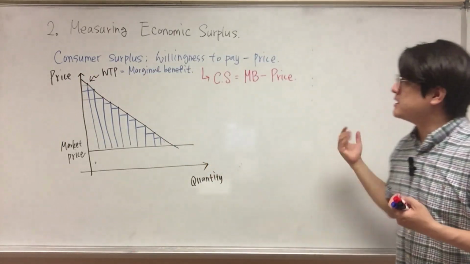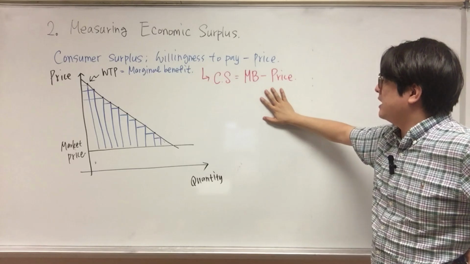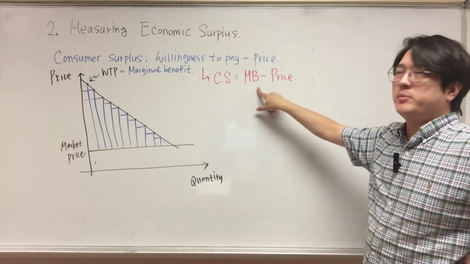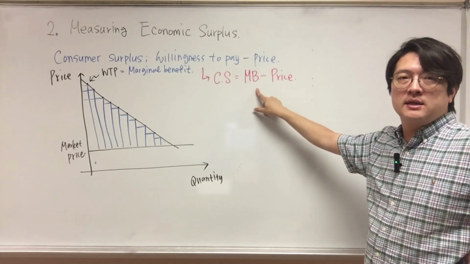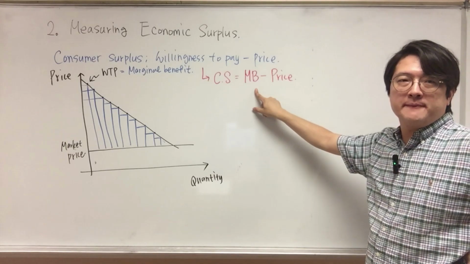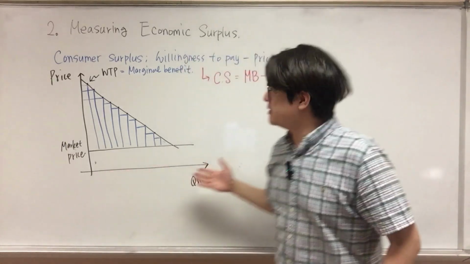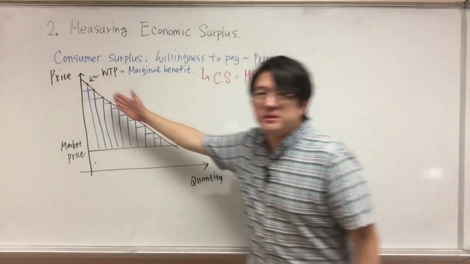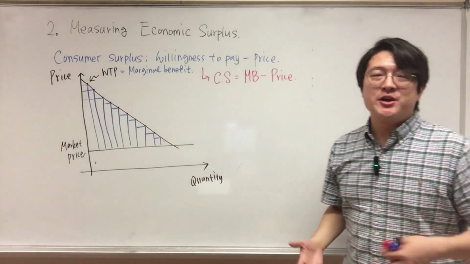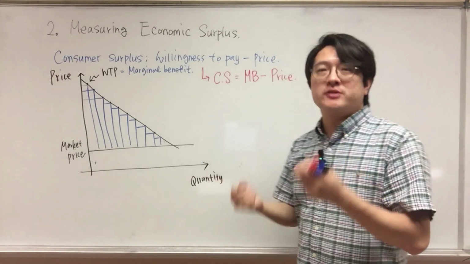This is why consumer surplus is marginal benefit minus price. Are you with me? So the area of this triangle we can call the consumer surplus.